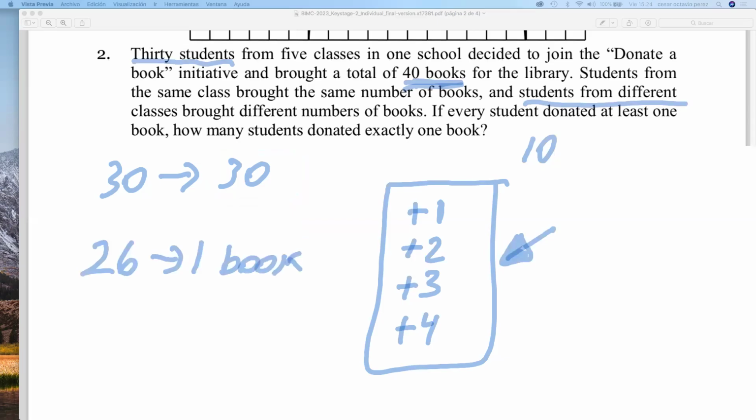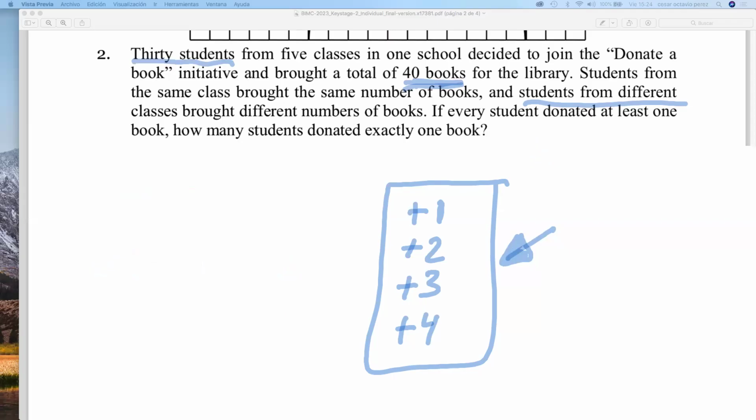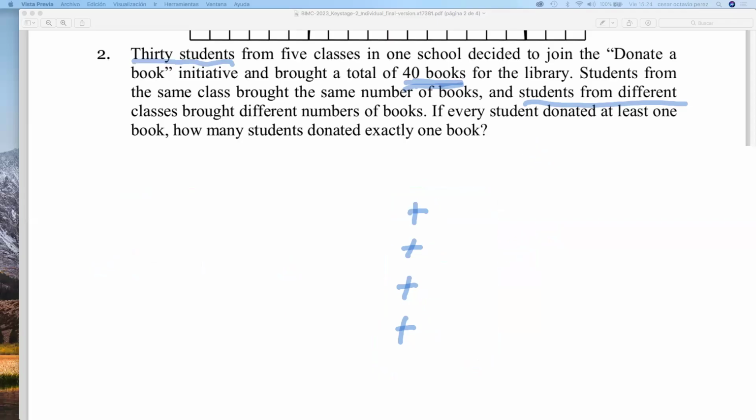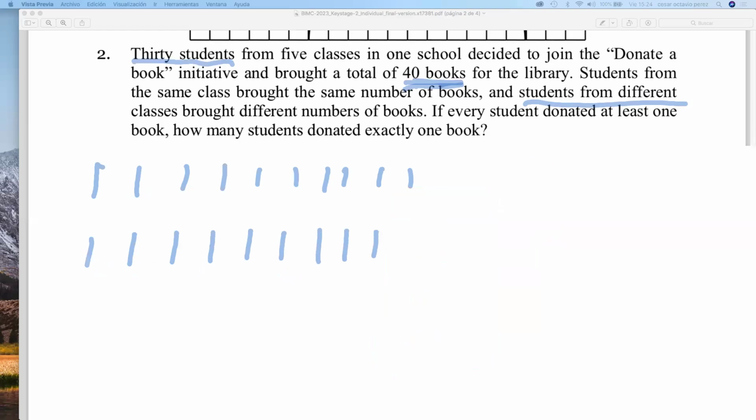Do you understand the idea? No. Okay. If it were 25, you say that the answer is 25. Let's try. 1, 2, 3, 4, 5, 6, 7, 8, 9, 10. 1, 2, 3, 4, 5, 6, 7, 8, 9, 10. 1, 2, 3, 4, 5.